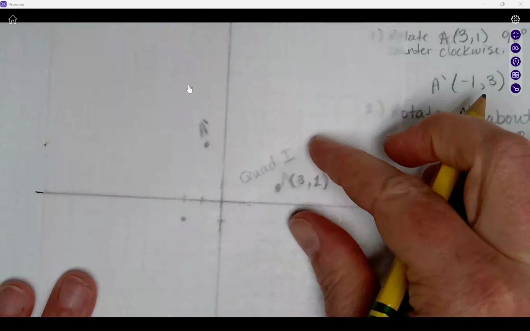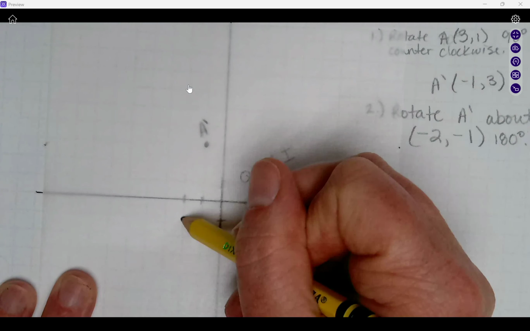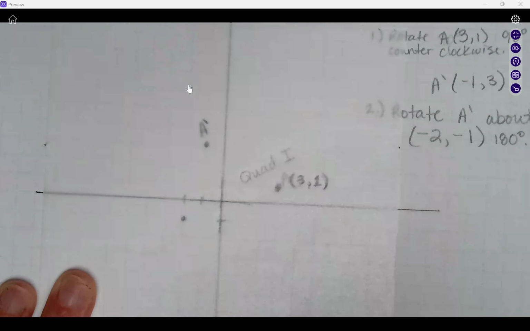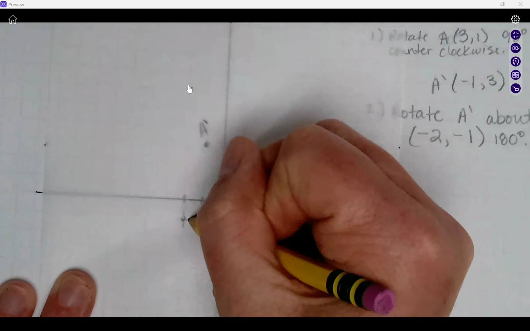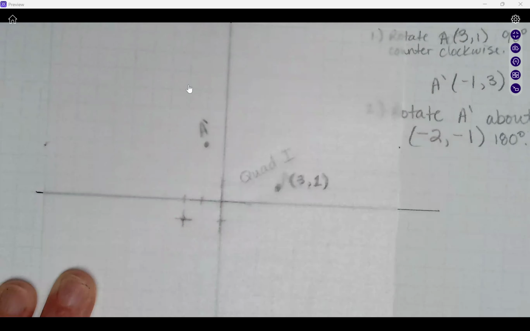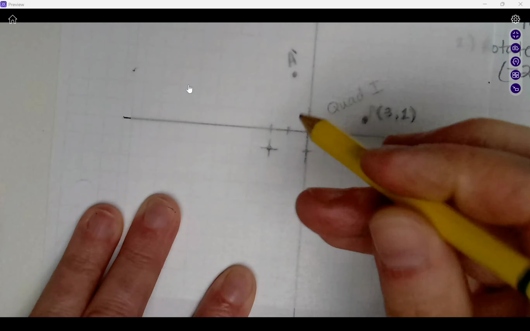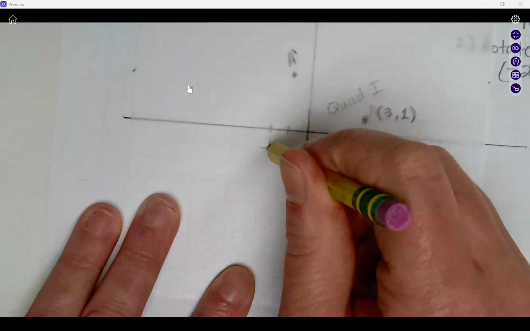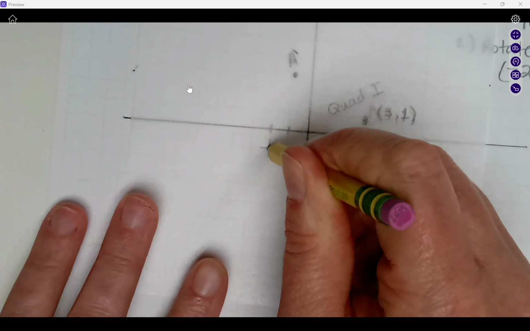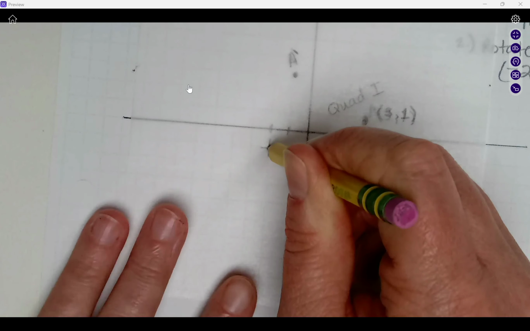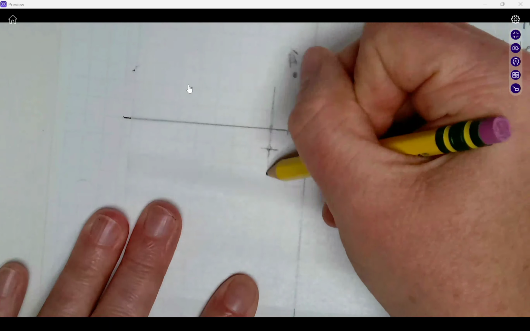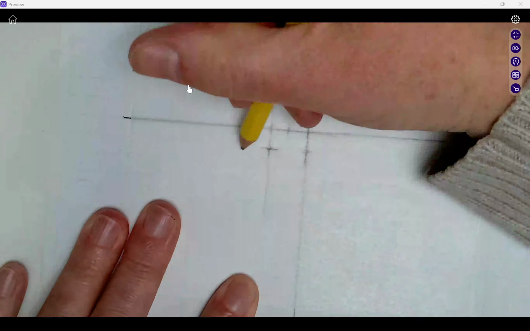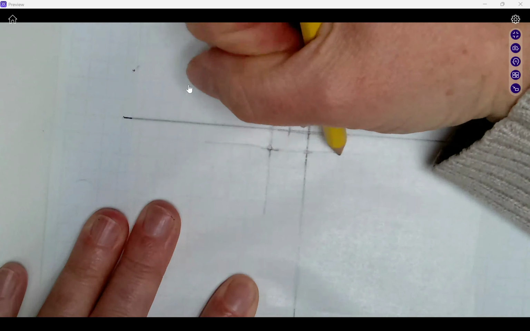What I like to do here is treat this point as a new origin in a sense. I'm going to draw this right there. The reason I like to do that is because then I can place my pencil here and I can perform that rotation about this point. I should probably expand this a little bit so it's easier to see once I've hit 180 degrees.